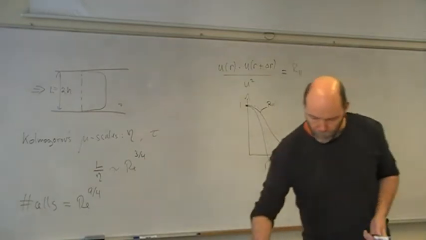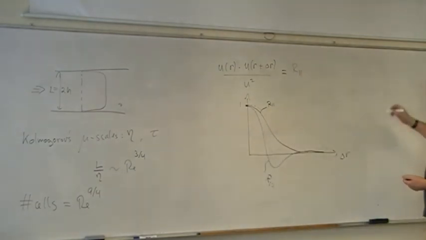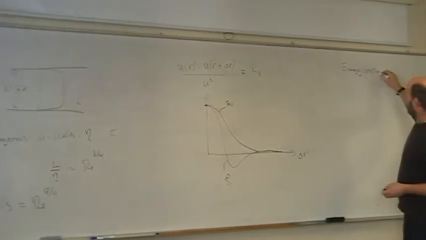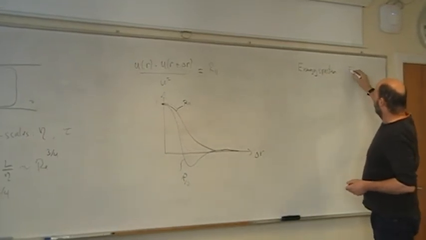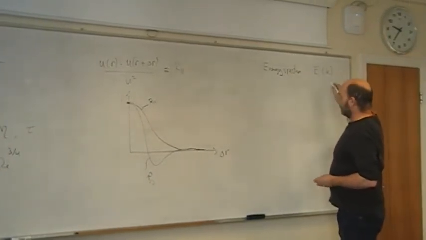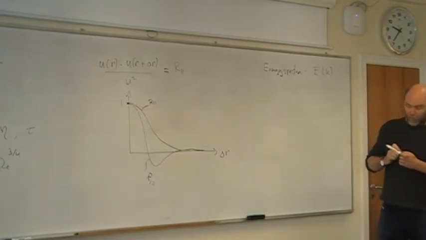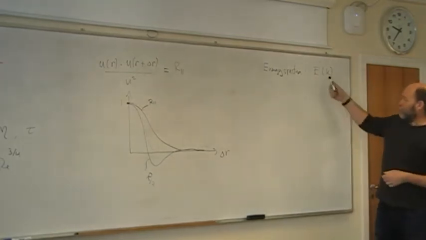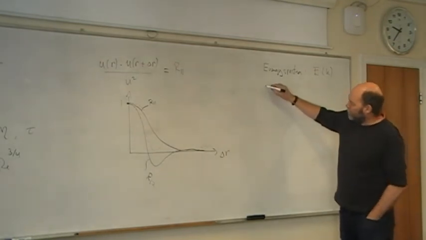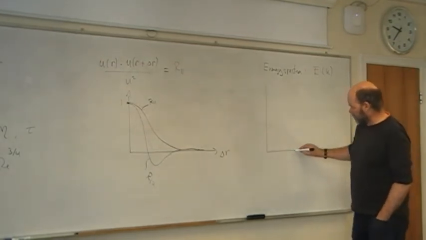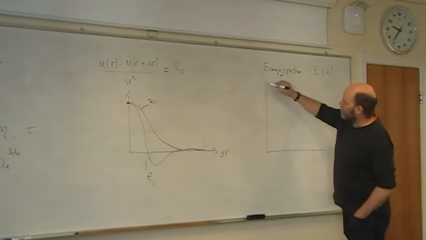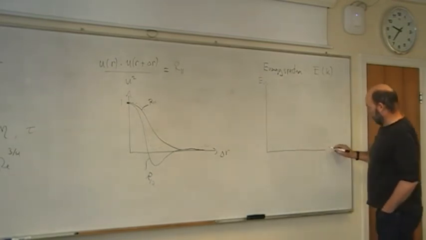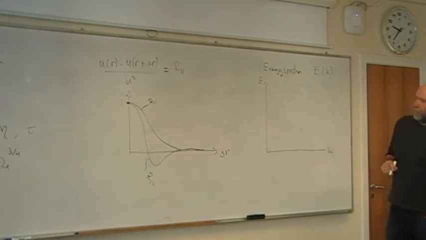And what you end up with then is what we call an energy spectrum. It will be a function of the wave number, say 1 over length. And an energy spectrum will now depend.